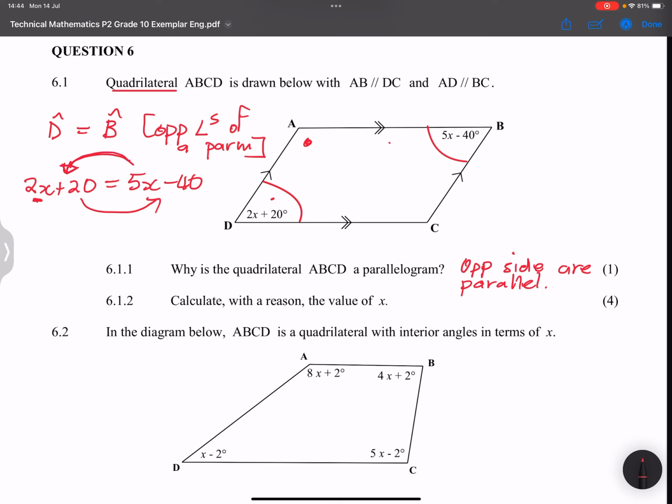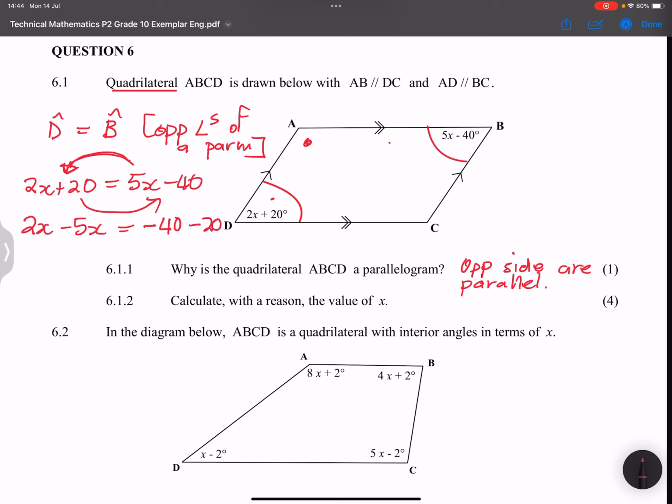So 2x minus 5x, and this would be negative 40. This is what we already have here, right? When we take the positive 20 to the other side, it becomes negative 20.